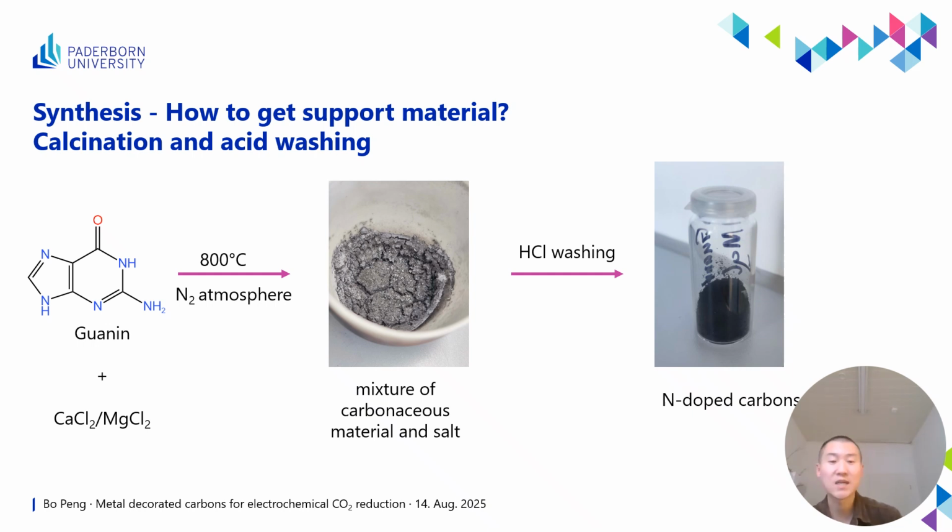We may use calcium chloride or magnesium chloride, and we calcine them to 800 degrees under the protection of a nitrogen atmosphere. Then we get a mixture of carbon material and the salt. In order to strip the salt, we use acid to wash it. Then we get our black carbon powder with nitrogen doped inside.